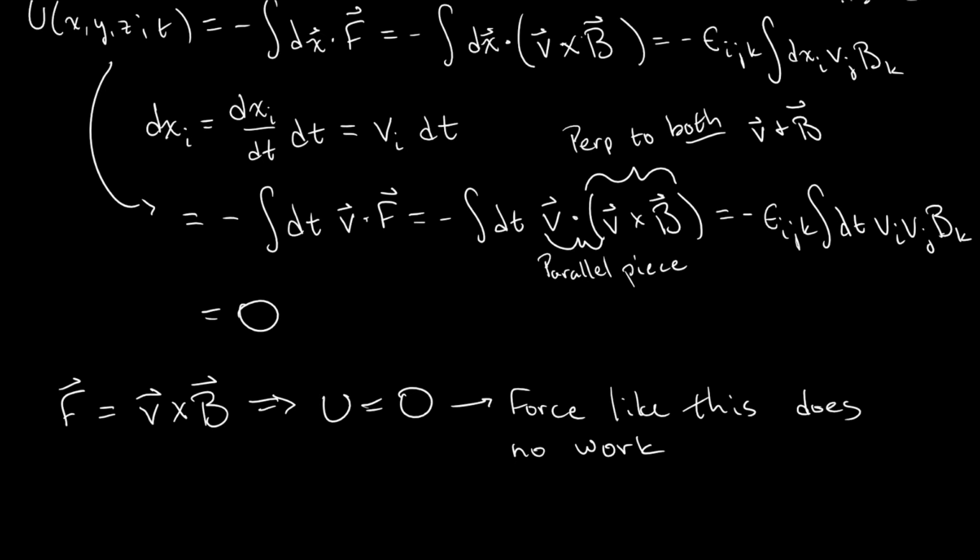But to do work, we have to transfer some energy into kinetic energy. So we have to either speed up or slow down the object. But if the force is always acting perpendicular to the velocity, that's never going to happen. We're never going to speed it up or slow it down. We're only going to change its direction. And so it makes sense that this does no work.